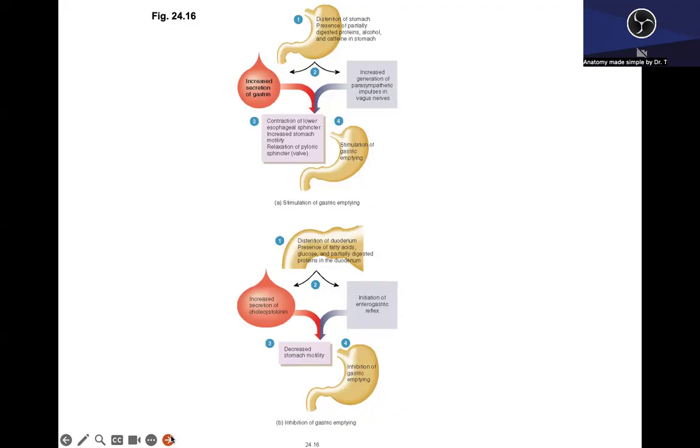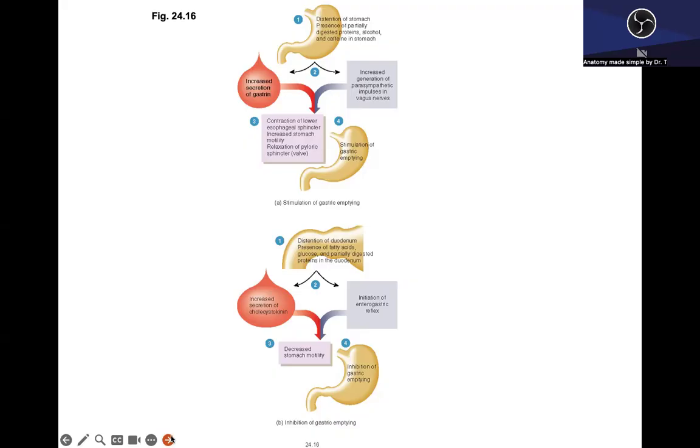So if we take a look at what stimulates gastric emptying: distension of the stomach, presence of partially digested content, whether it's protein, but also other substances like alcohol or caffeine-containing beverages, are going to have the same strong stimulatory effect. Increased generation of parasympathetic signals in the vagus, increased secretion of gastrin.